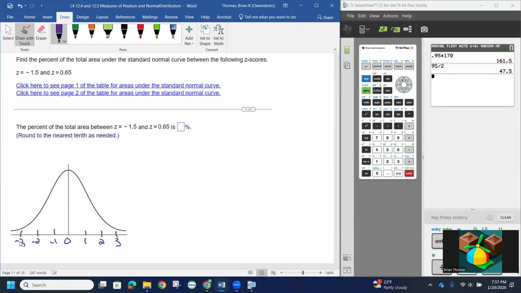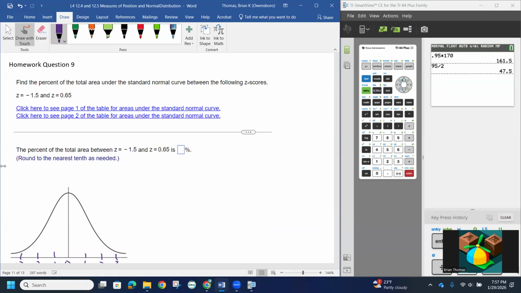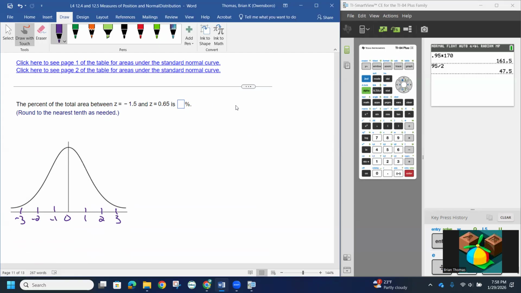That is what our z-scores look like. So our question is to find the total area under the standard normal curve between the z-scores negative 1.5 and 0.65.